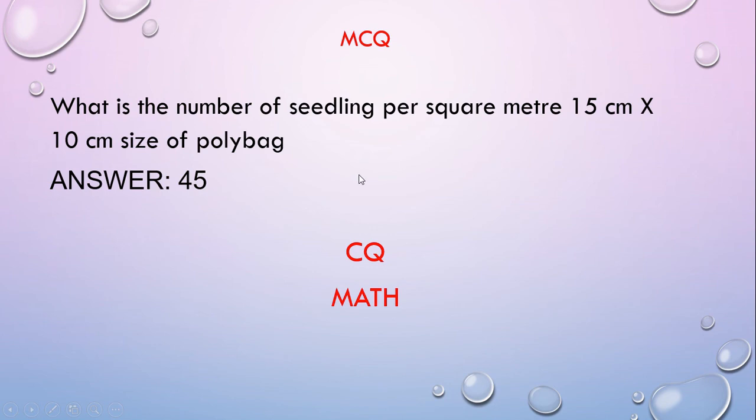And from this chapter you can get this type of MCQ, which is: what is the number of seedlings per square meter for about 15 centimeter to 20 centimeter size of polybag? The answer will be 45. If you can memorize that table, then you can solve this type of MCQ. And CQ, you can get this type of math which I showed you before, in the CQ as well.